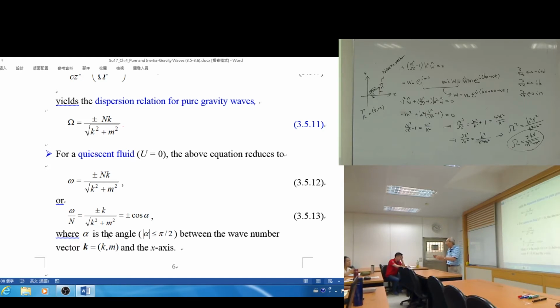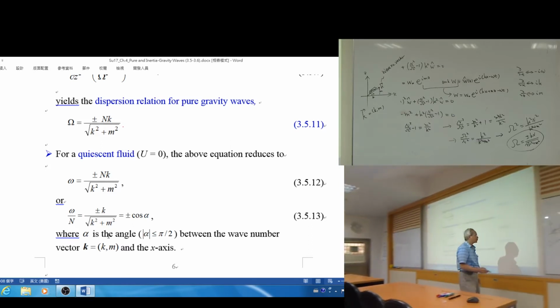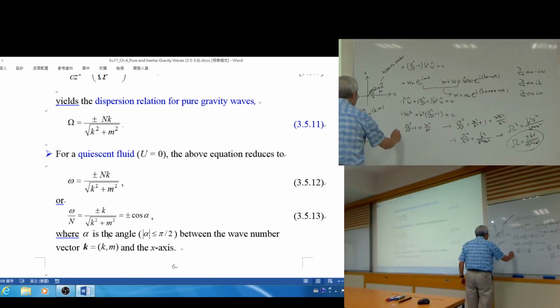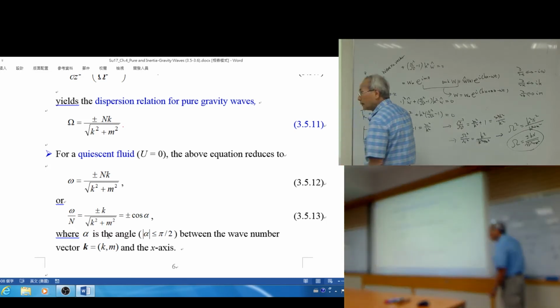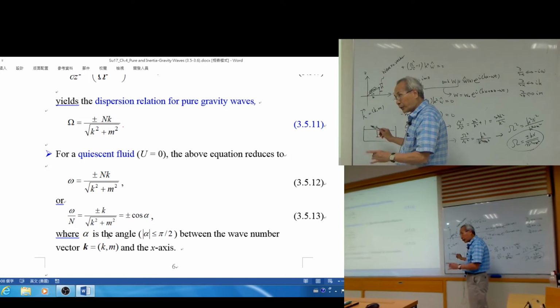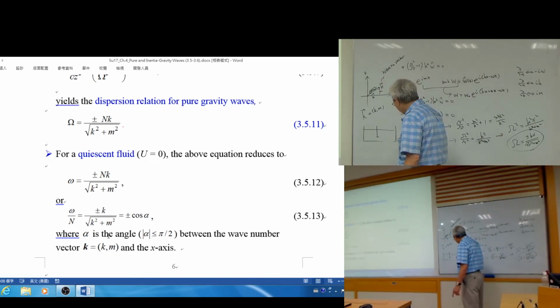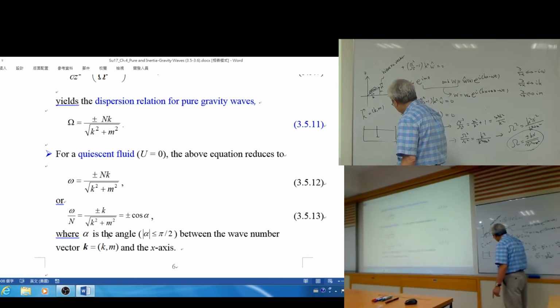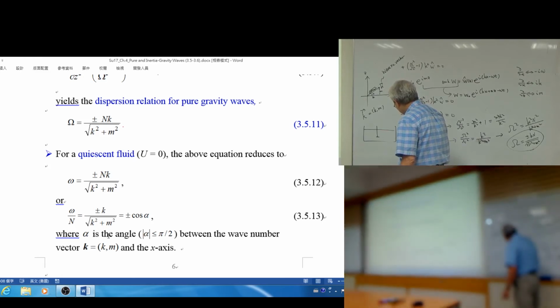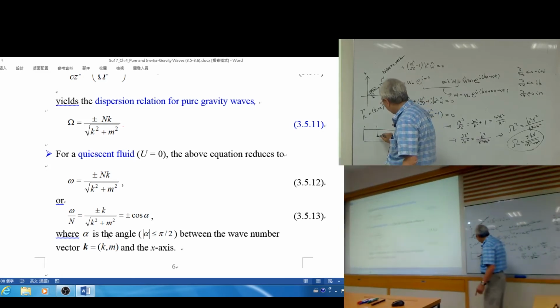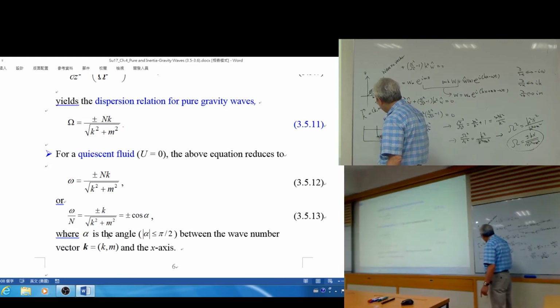If it's just water, your wave probably just goes up and down, but if it is stratified fluid, then you have a water tank like this, your wave generator like that. It's stratified fluid. Then you're going to generate waves, disturbance.